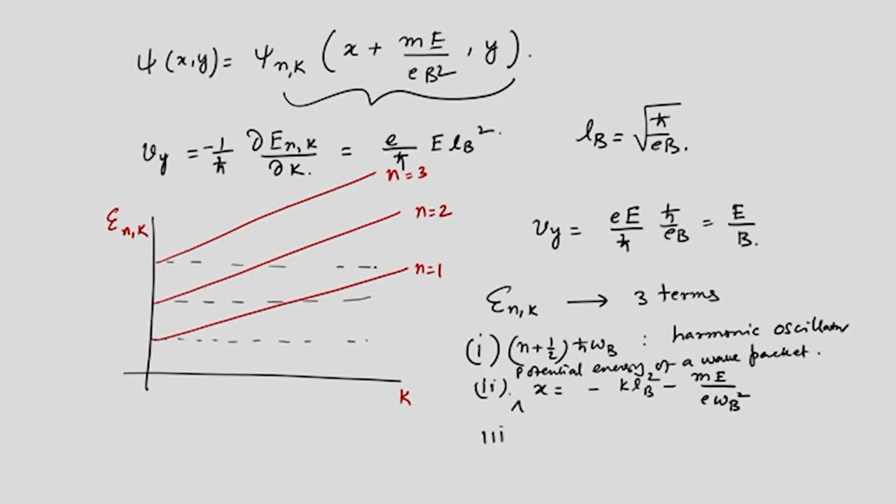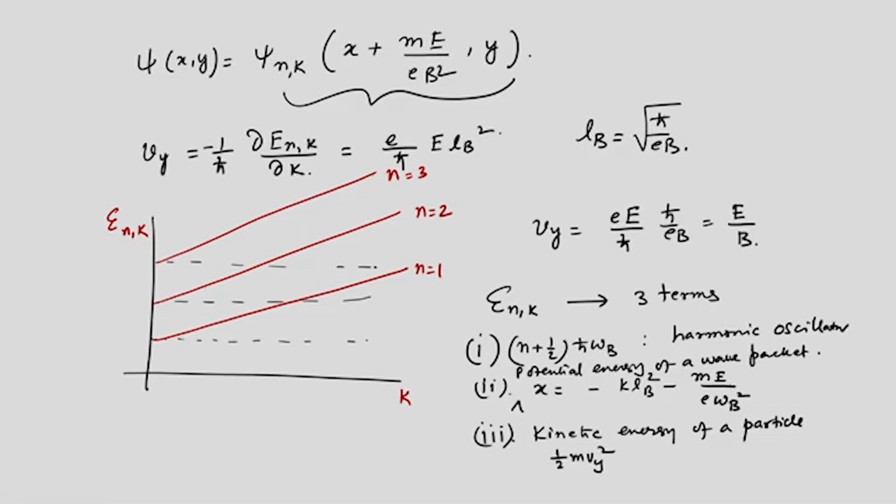And third, it's the kinetic energy of a particle whose energy is given by half m vy square, which is half m into E square by B square.